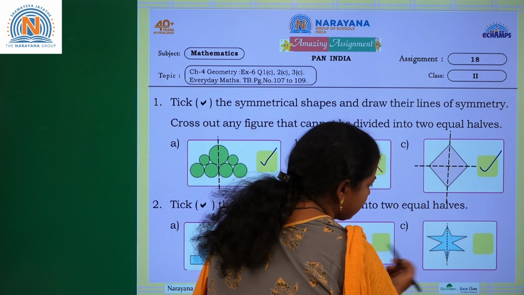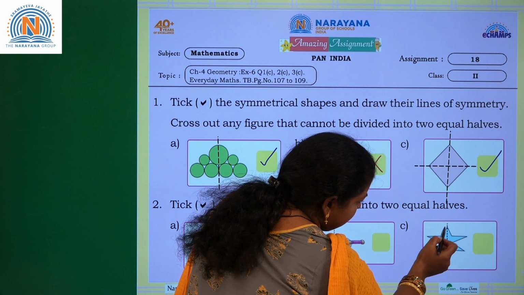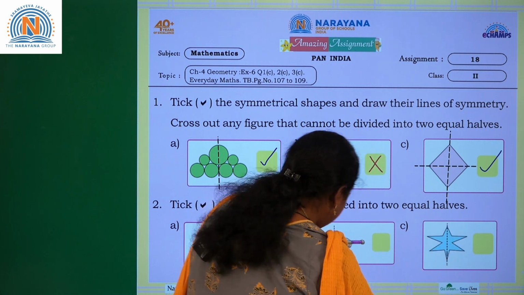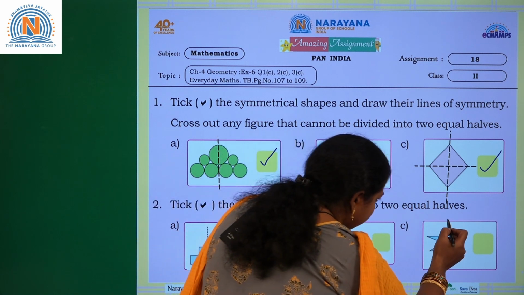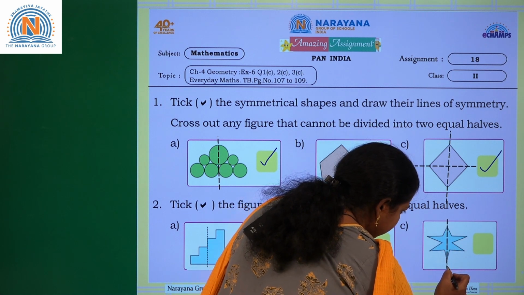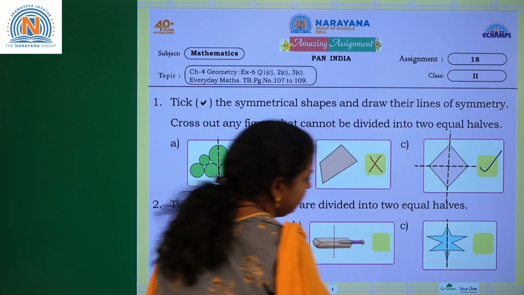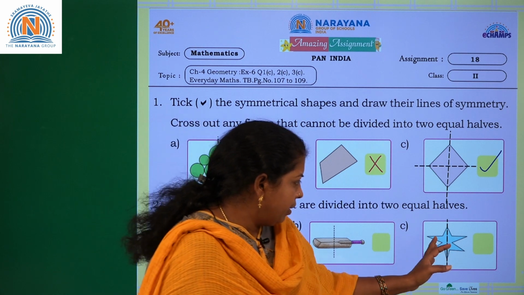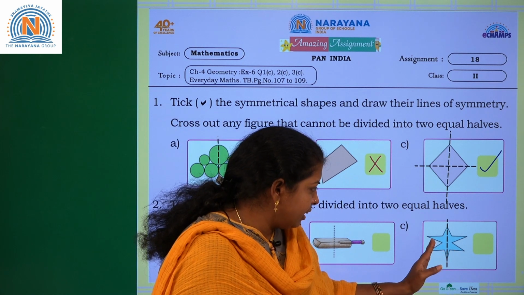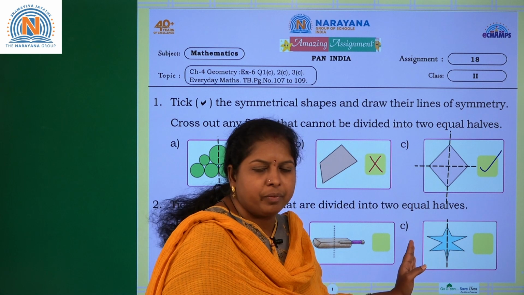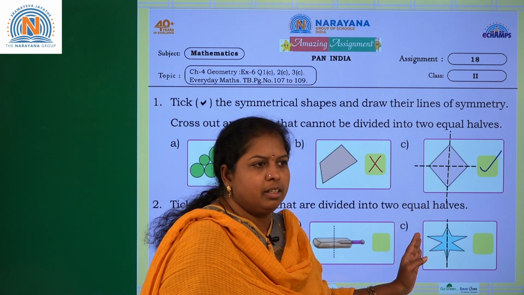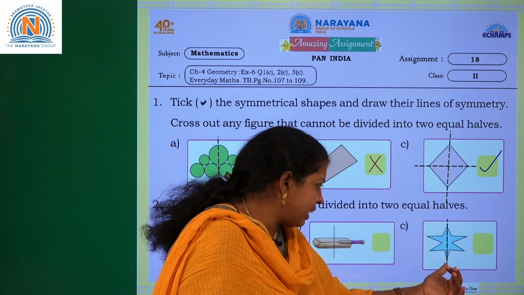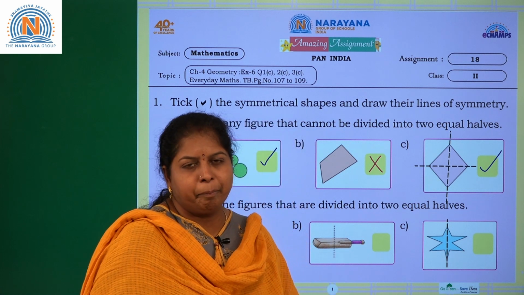If you go to the last pic, here it is a symmetrical line, because if you take this line, right? Clearly observe, children, there are two equal halves on both sides. This is exactly a symmetrical line for this pic.